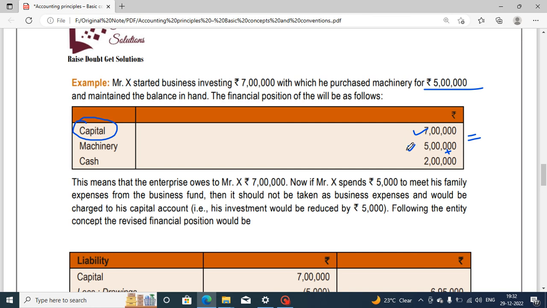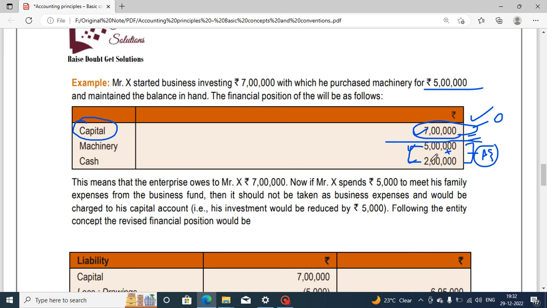We are showing it differently: these things are our assets, owned by business, and these things we have to repay to our owner. This is a liability of business, and these two are assets of business.